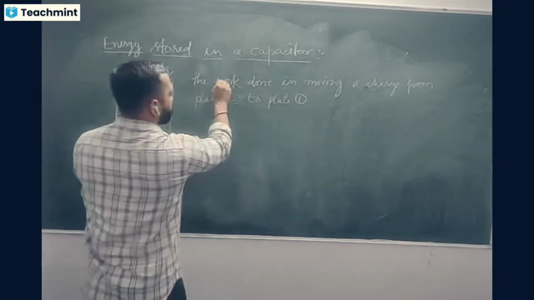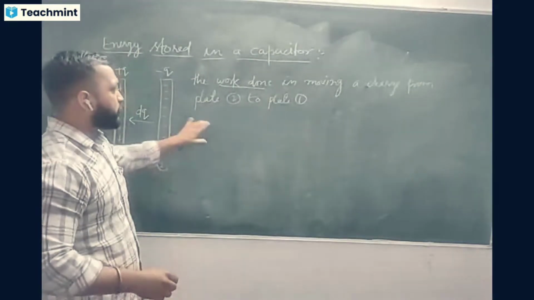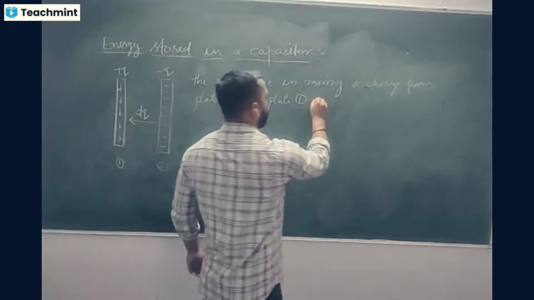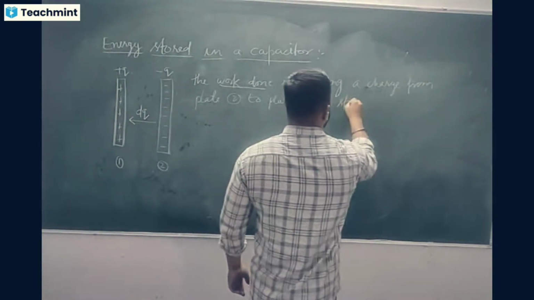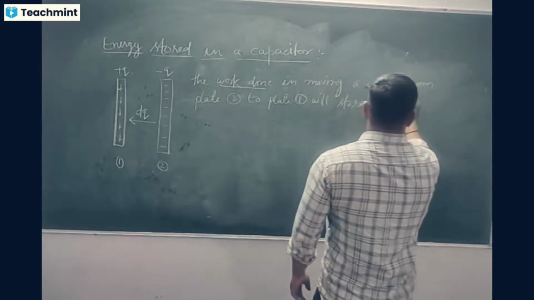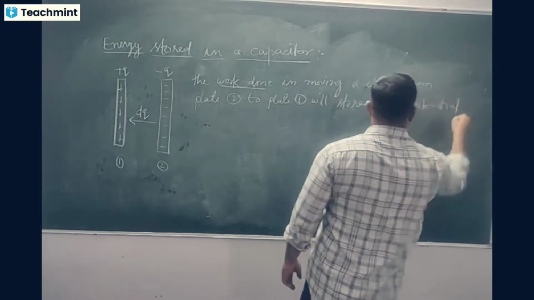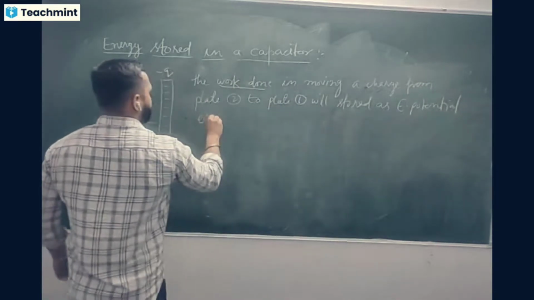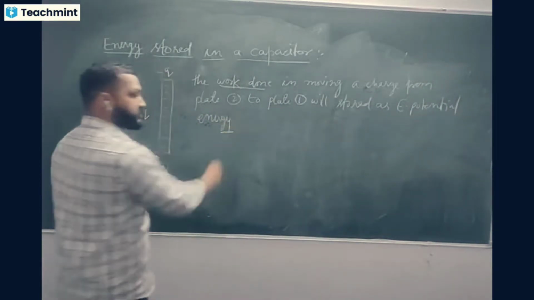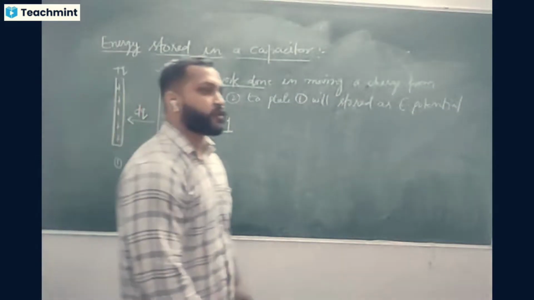The work done in moving a charge from plate 2 to plate 1 will be stored as electric potential energy. Sometimes a question may come up on how energy is stored in a capacitor.